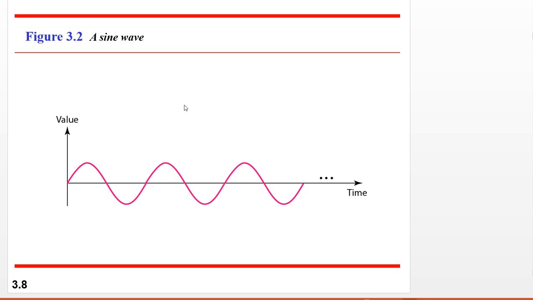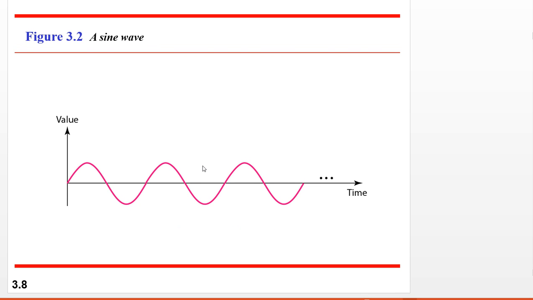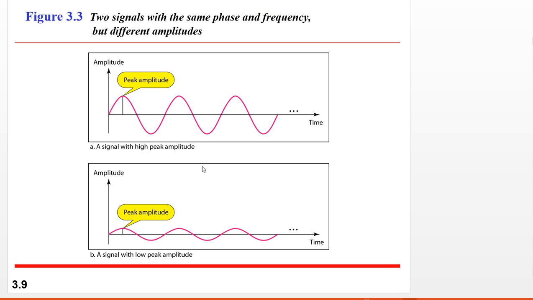Whatever you are seeing now is a periodic signal, which you can also call a periodic sine wave signal or periodic analog signal. So the sine wave can represent a periodic analog signal. Fine. So it has three characteristics, as I told: peak amplitude, frequency and phase.